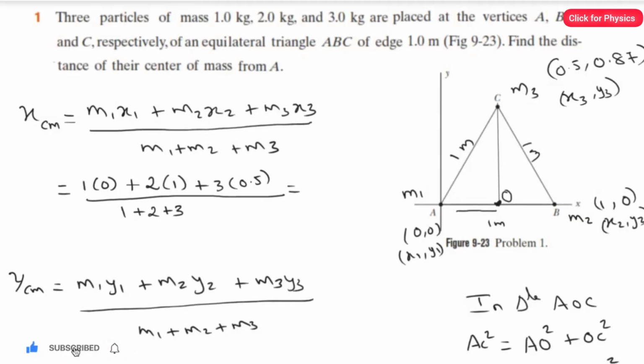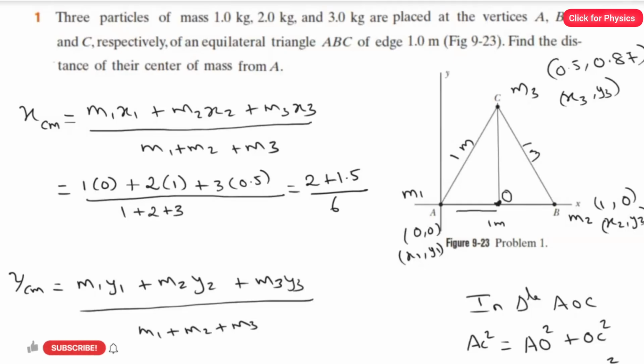Here anything multiplied by 0 is 0. So we will get 2 plus 3 multiplied by 0.5, which is 1.5, so 2 plus 1.5 divided by 3 plus 2 plus 1, which is 6.